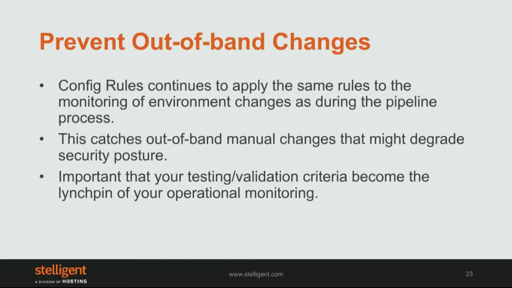That rule set stays in effect, not just for the environment that we create and analyze in the acceptance stage, but continues to be applied as we move into production, so that we know that the environment maintains the rigor, the security specification that we have established at the beginning, so that we know that we're not backsliding, that we're not seeing out-of-band changes that are causing us a security degradation.